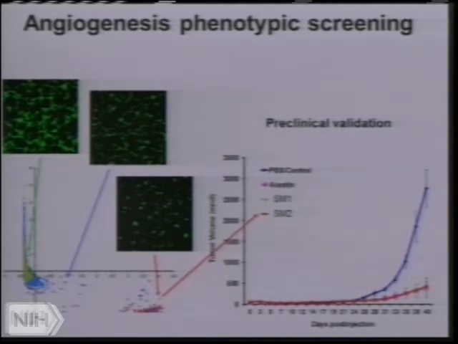As a matter of fact, these were the two compounds that we found in these screens. We did the whole screen, we picked two compounds, and these are the first two compounds that we tested in vivo. So the assay is very robust in terms of finding small molecules that were effective in preclinical models of cancer.